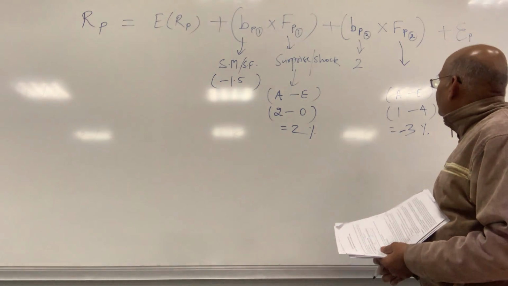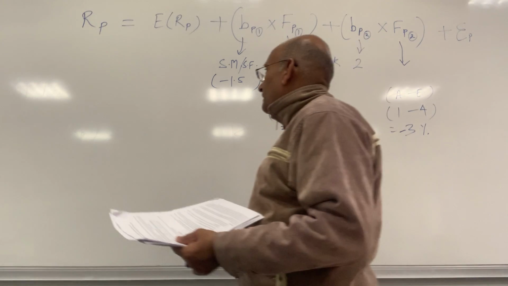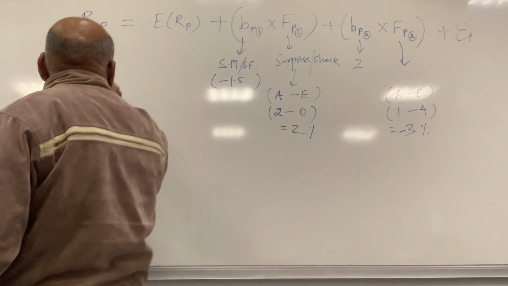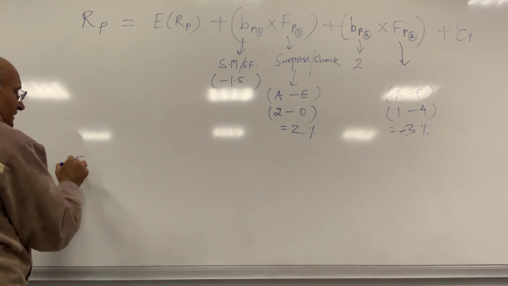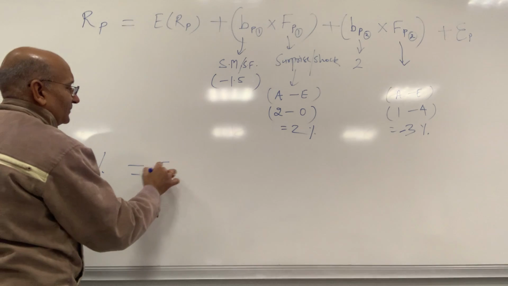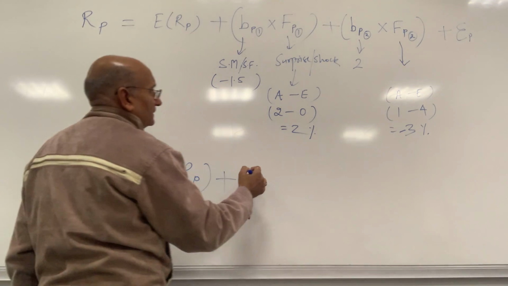So now you have everything with you. You just need to put it in the formula. What else is given? This RP, last year's return, is given as 5%. ERP, they are asking, it's not given, they are asking to calculate.